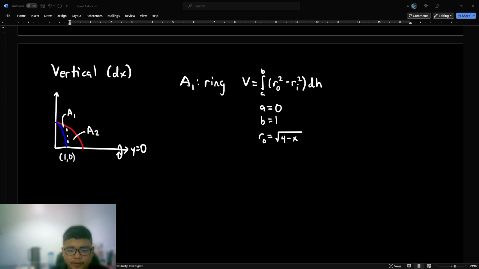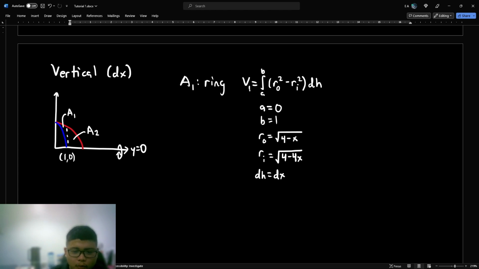Our inner radius is going to be the blue line, which is y squared is equal to 4 minus 4x. Since we need to convert y squared to y, we simply take its square root. And finally, our dh is dx, since we are forced to use the vertical element.